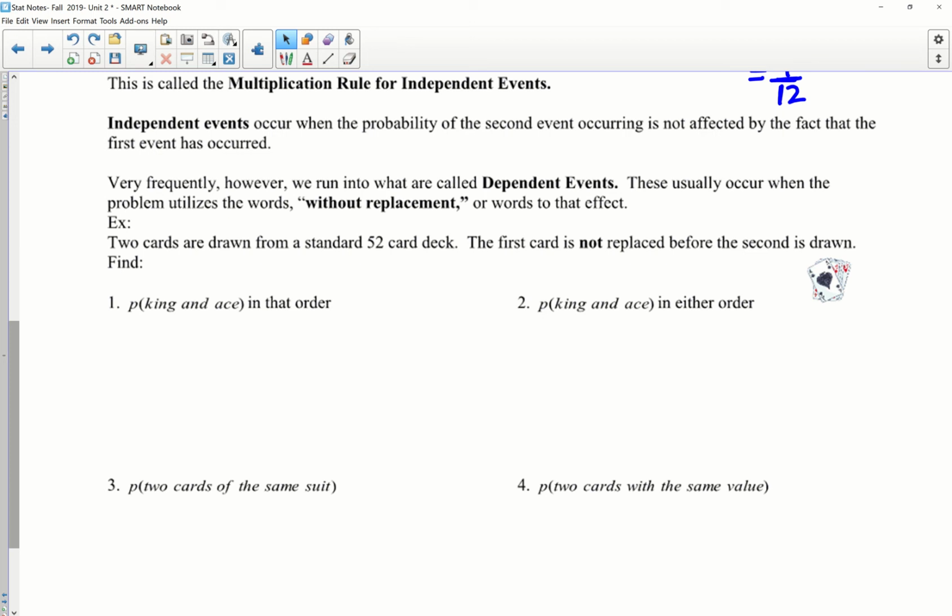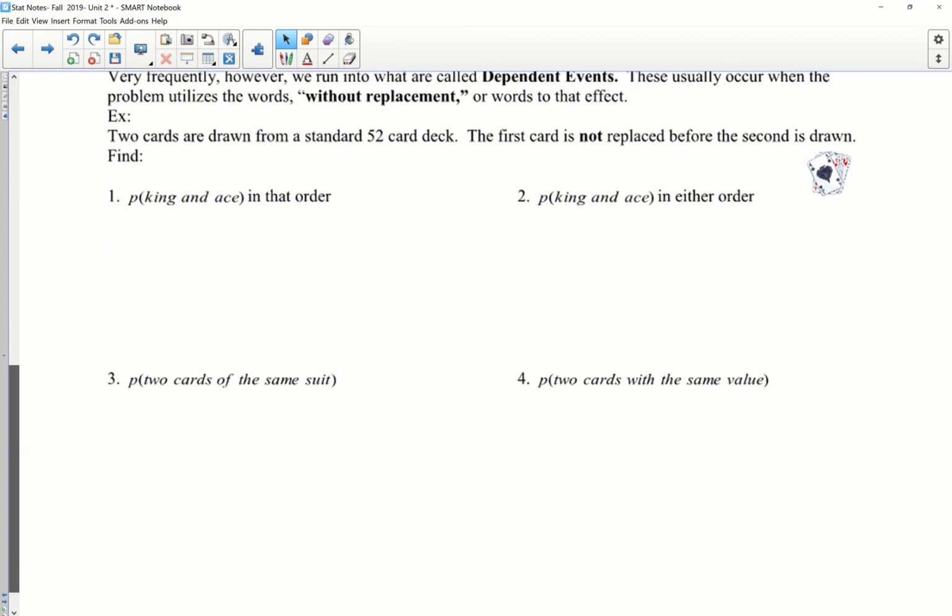So that's the real life case. So let's not do that right yet, because that's hard. Let's go back to some cards and flesh out some different cases, and then we'll go to the real life cases. All right. So two cards.